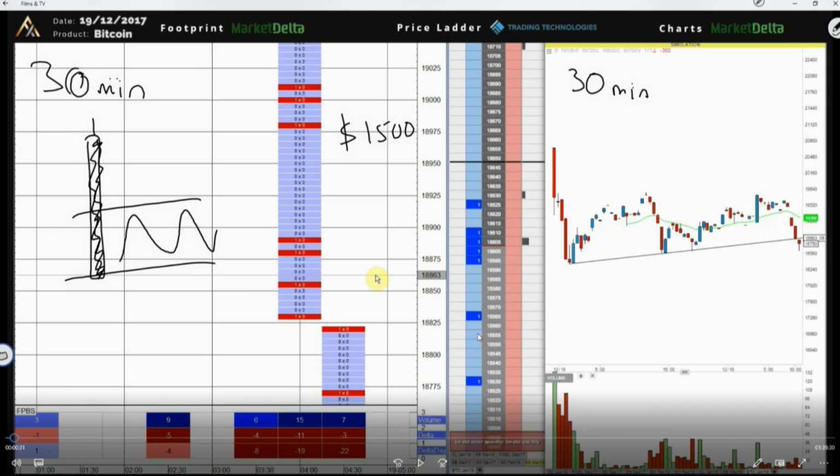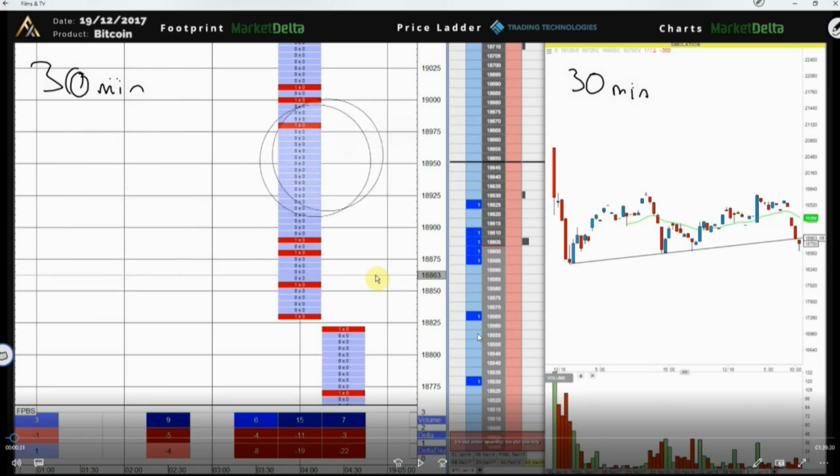We're stuck inside the sideways range. Every time Bitcoin is getting sold off, the sellers are disappearing and the market's bouncing. And equally, every time it's running into resistance around the 19,500 to 20,000 level, it's being sold very aggressively. So that's where we are, guys.